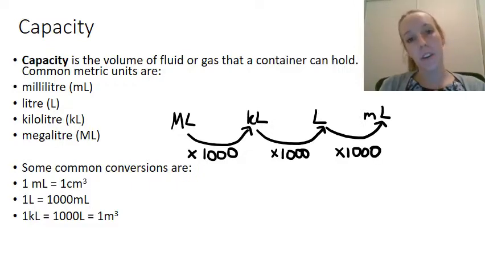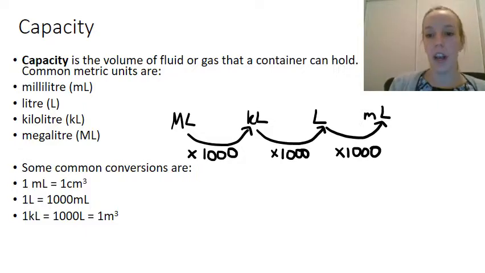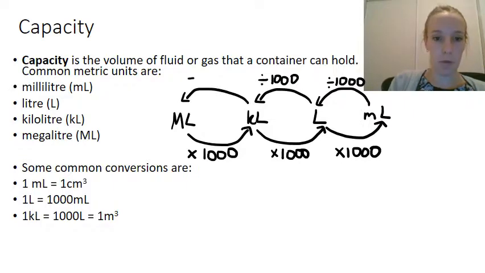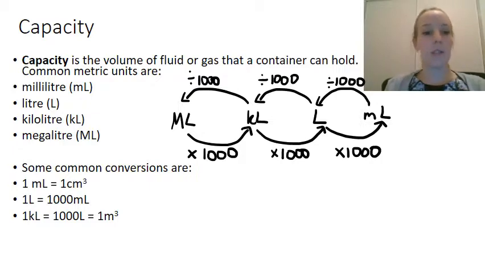So it's quite easy to do capacity, it's just 1,000 in each. And obviously to go from small units to large, we're dividing by 1,000 each time. A little bit more straightforward than it is for distance.